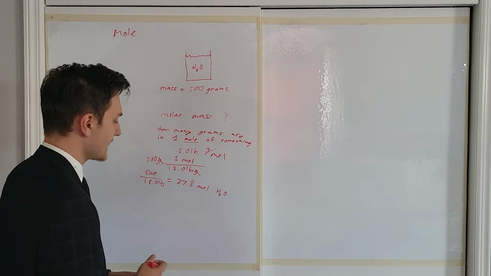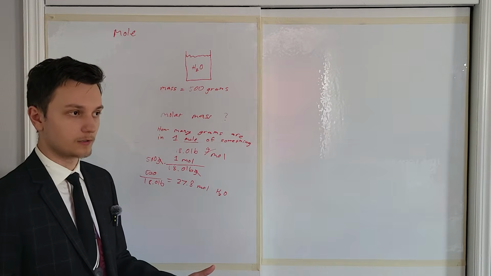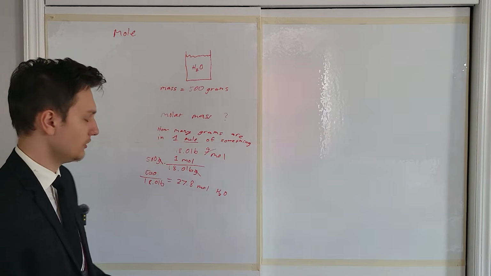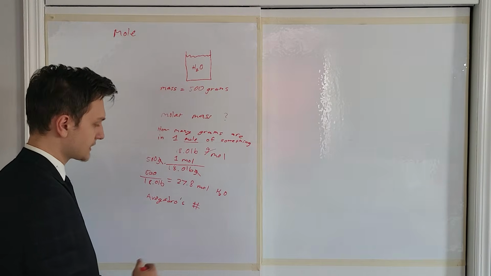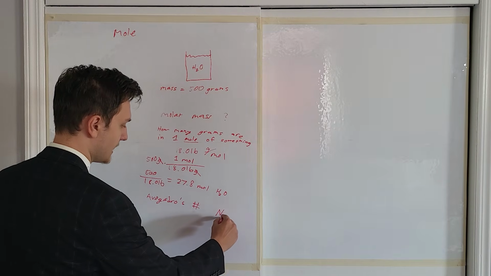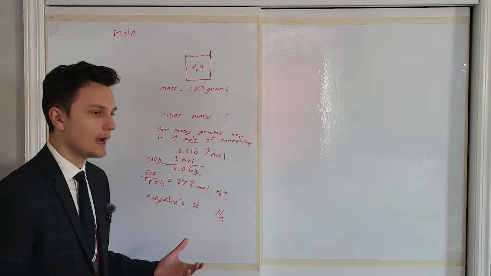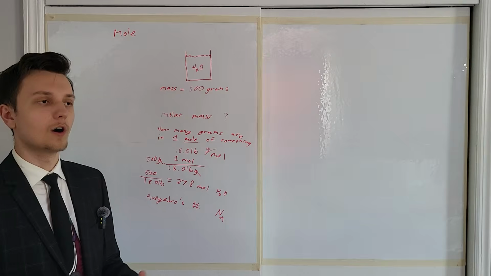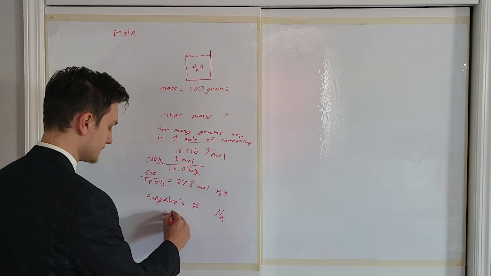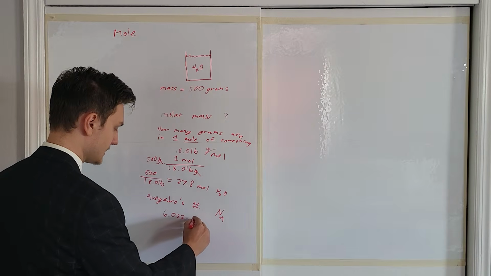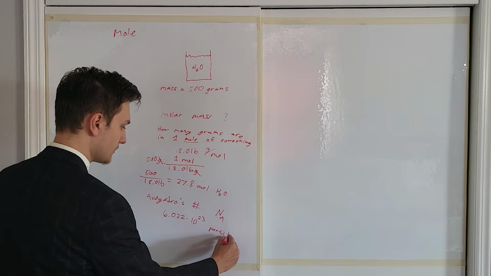So, what exactly is a mole? I told you a mole was a measure of how many particles, but how exactly is it a measure? Well, here comes Avogadro's number. It's commonly abbreviated as big N sub A. Avogadro's number is a constant. It tells you how many particles are in each mole. So it's 6.022 times 10 to the 23rd particles per mole.